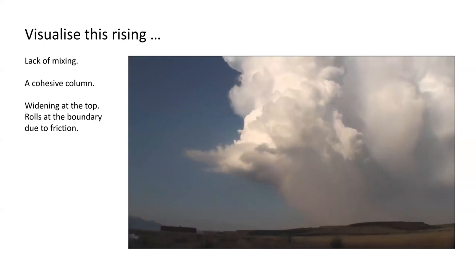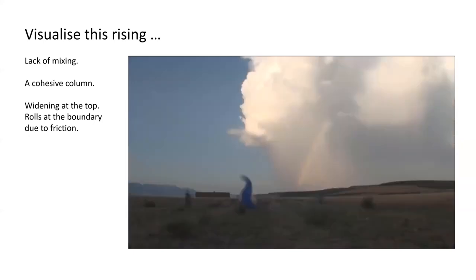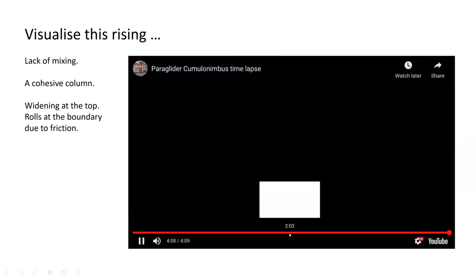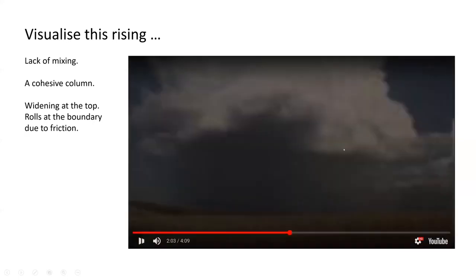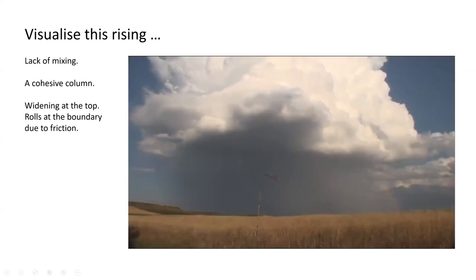So these things do form quite self-sustaining convection currents. And of course, if we just go back, what I did want you to see just here was the widening at the top.